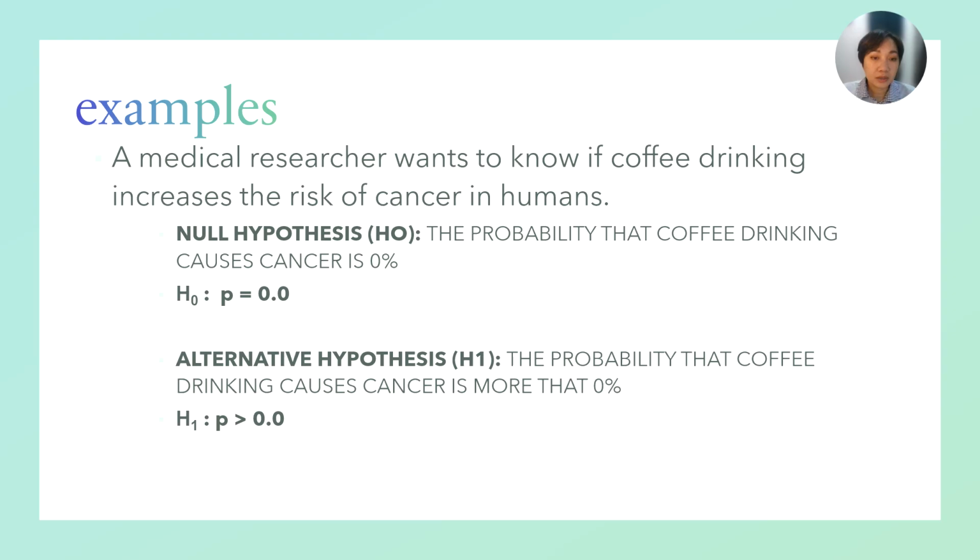So your H1, or your alternative hypothesis, will be P is greater than 0. Okay, so there is no existing belief that coffee drinking can actually cause cancer. We do not have an opinion of this. So there is a status quo belief that the probability is equal to 0, all because we never questioned it.